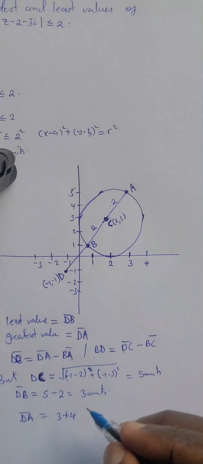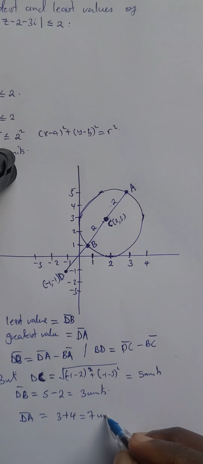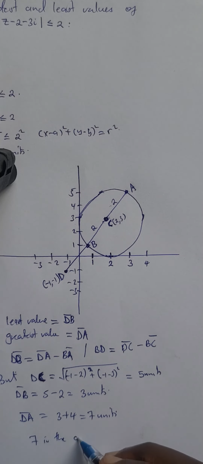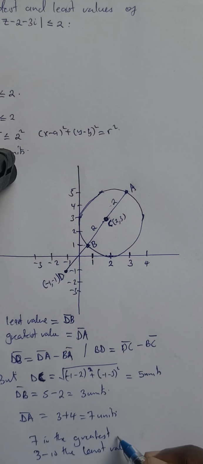Add this and this, which will give me 7 units. Therefore, 7 is the greatest, then 3 is the least value. So that's how we get those two.